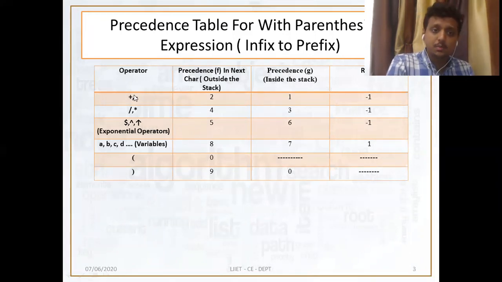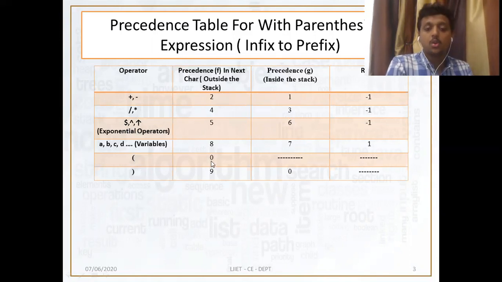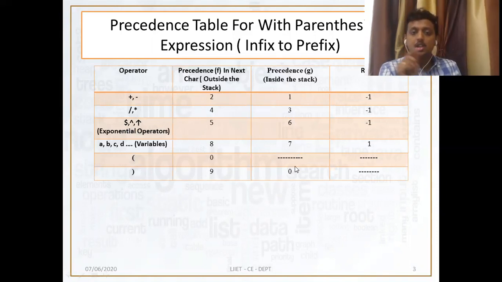The symbols are the same as before: plus or minus, division, star, dollar, arrow, caret, A, B, C, D, opening bracket and closing bracket. Now the numbering goes like this: 1, 2, 3, 4, 5, 6, 7, 8. Now 9 becomes over here, then 9, 0, 0 dash.